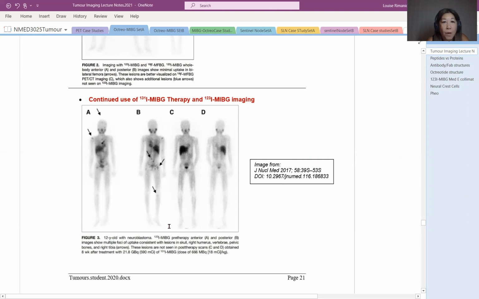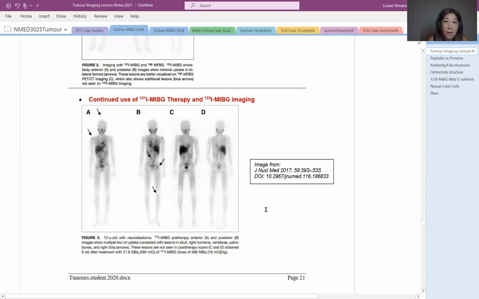The patient was treated with 21.8 gigabecquerels of I-131, and a post-therapy scan was done. And I think you would agree that the lesions have all disappeared, right?